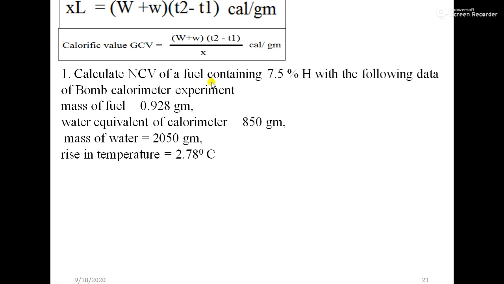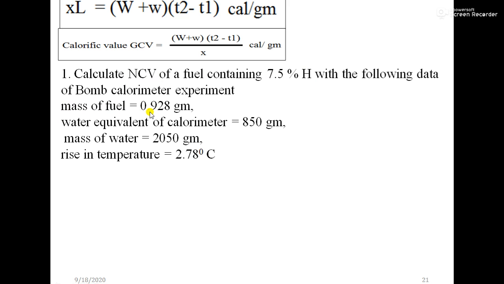Calculate NCV of a fuel containing 7.5% hydrogen with the following data. This 7.5% hydrogen will be required for the NCV calculation. So first we are going to calculate GCV.